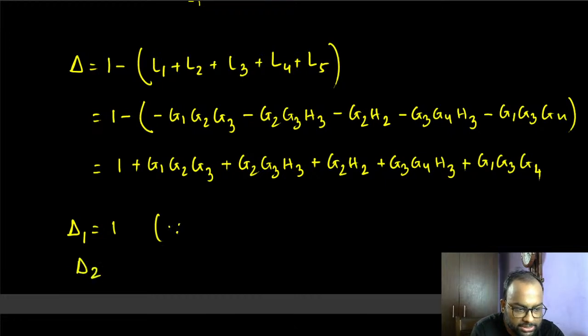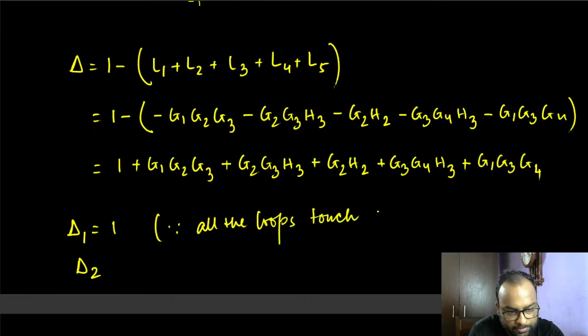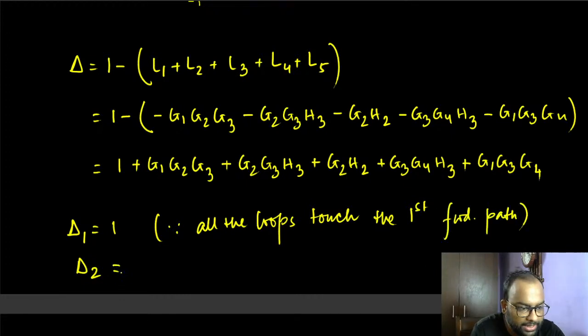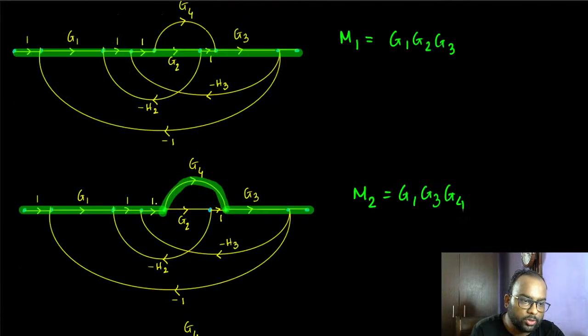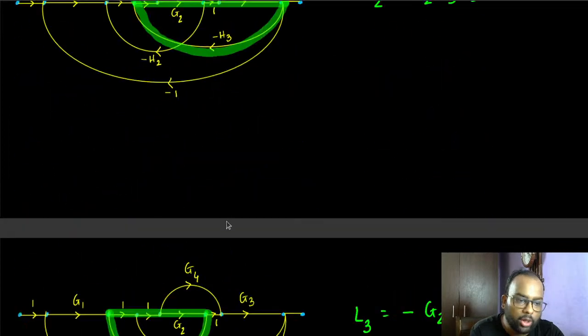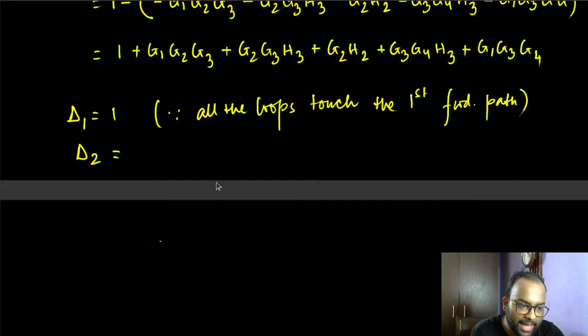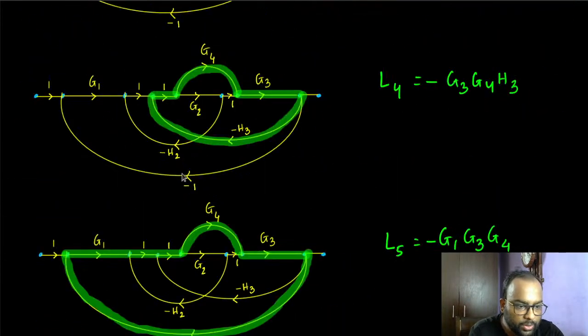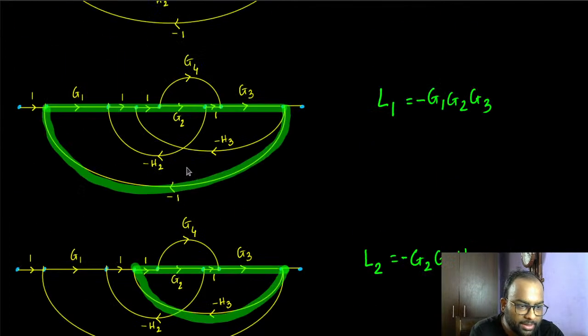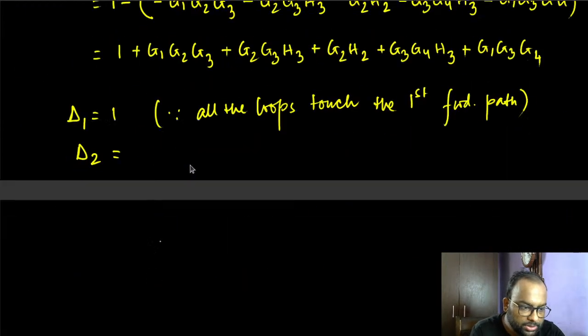Similarly for delta 2, this is the second forward path, and all the loops touch it as well. Is there any loop which does not touch the second forward path? None. So this is also equal to 1.